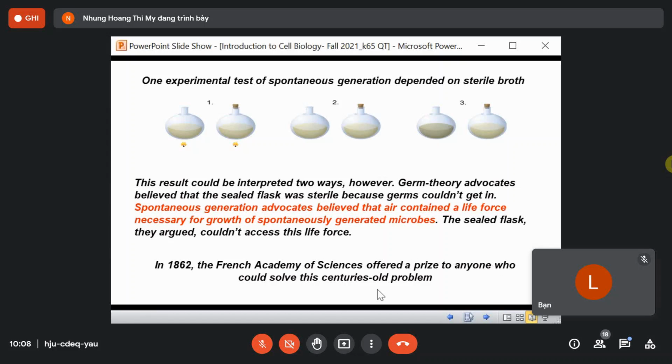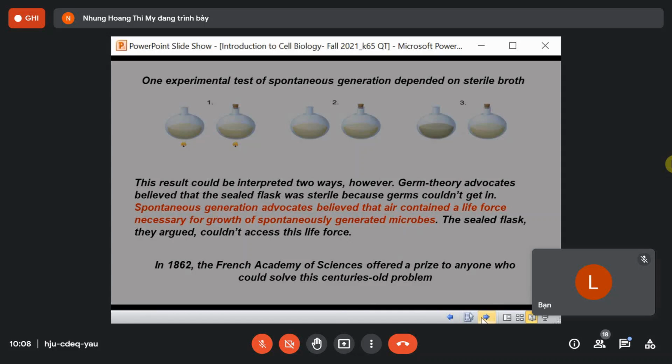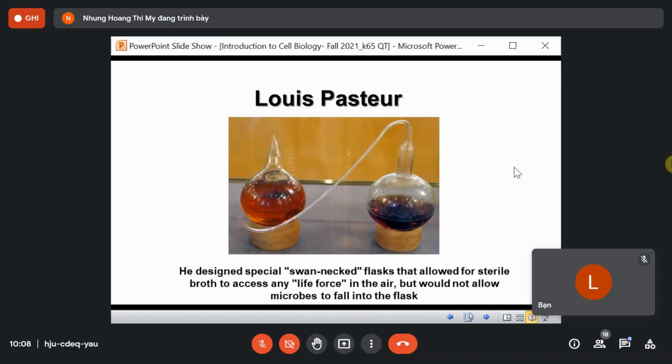And he set up this type of bottle to answer the question. His name is Louis Pasteur, a very famous scientist involved in microorganisms. I think all of you already knew about Louis Pasteur, right? So he designed a specific bottle that he called the swan-neck flask.